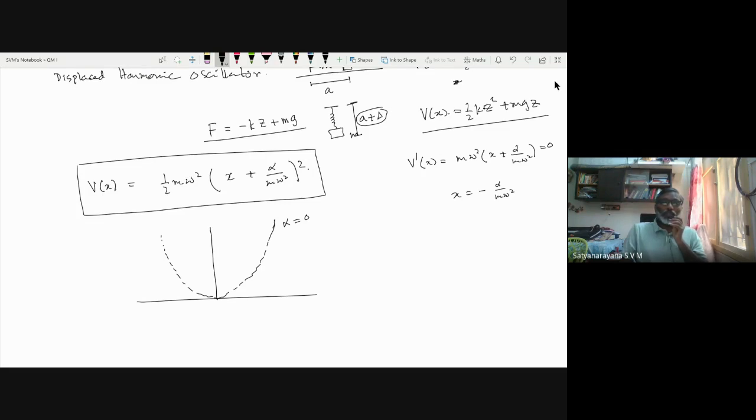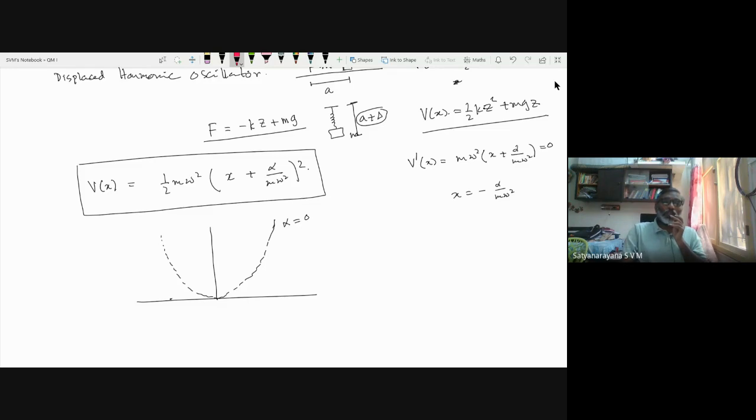Okay, so then what happens? So at x equal to 0, this becomes a positive value, and it becomes 0 at this particular value. Correct? So if you want to plot this, what is the value of that at this point? That is 0 here.